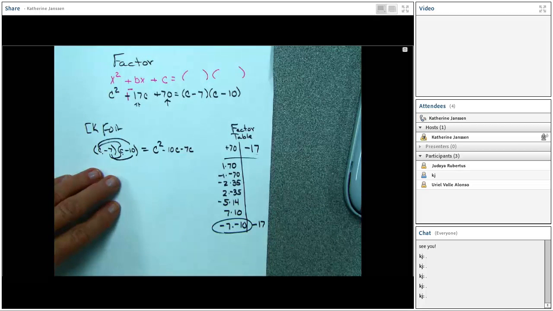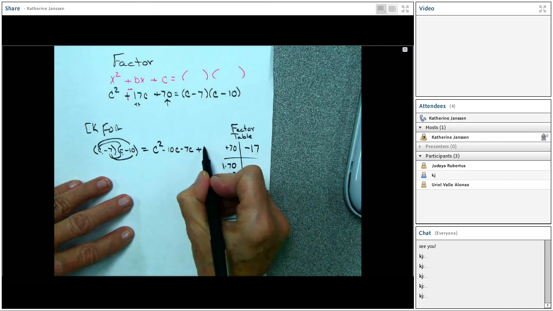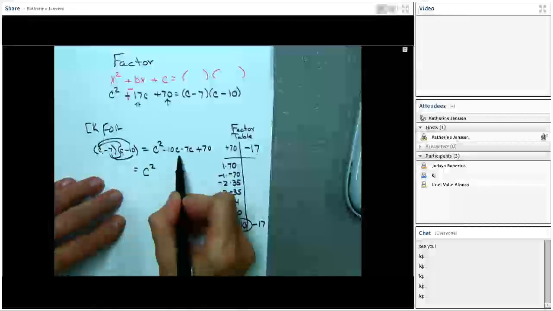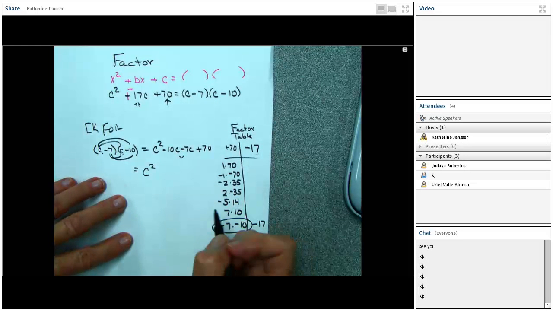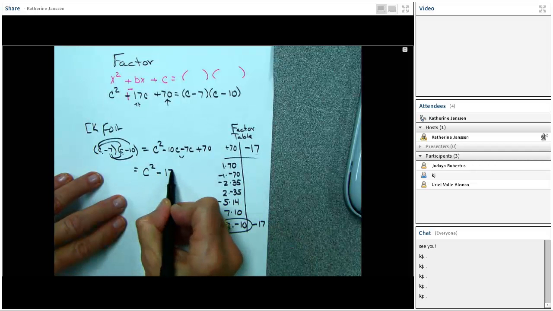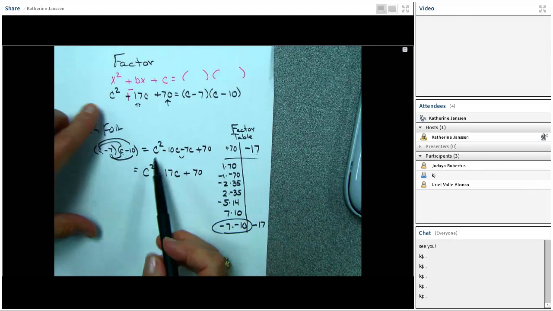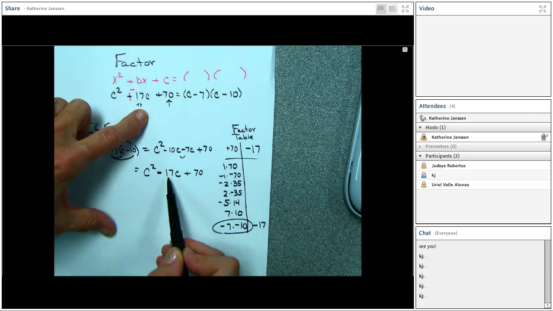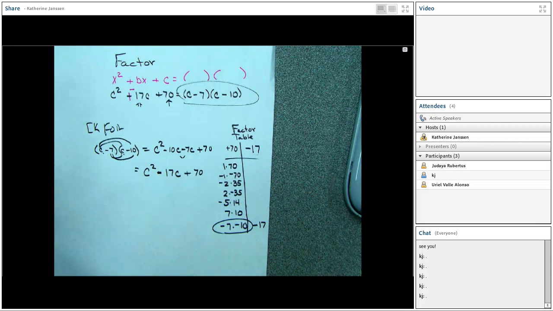And the last terms, a negative times a negative, the positive 7 times 10 is 70. Collect like middle terms. I have two negative middle terms. A negative 10C plus a negative 7C is going to be a negative 17C plus 70. C squared minus 17C plus 70 checks. So you can circle your factored answer.